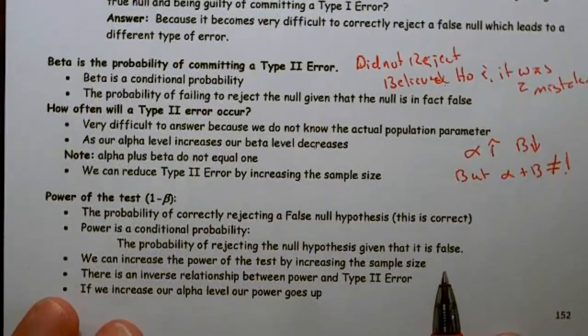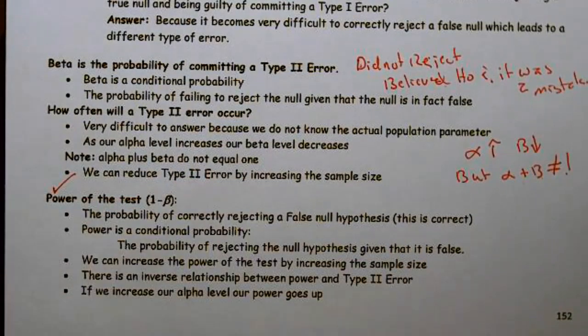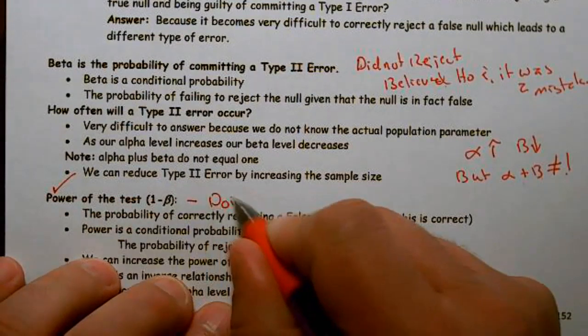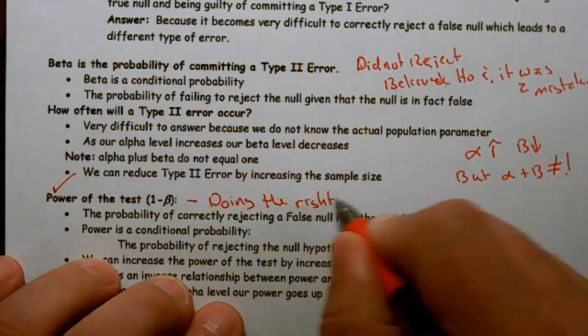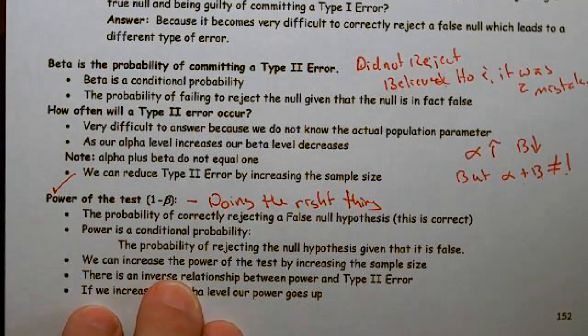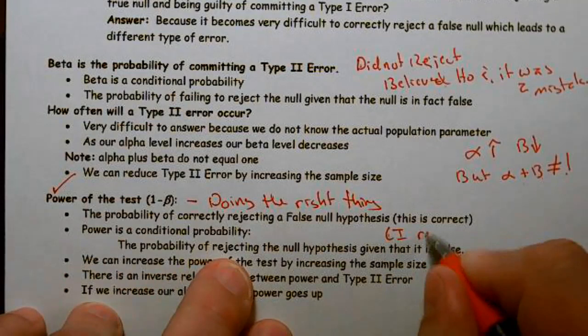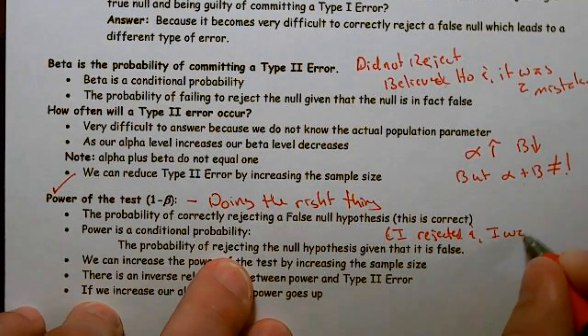However, there's another thing, and we'll talk more about this in our last video. Power of the test. The probability of correctly rejecting a false null. Hey, this is doing the right thing. I rejected and I was supposed to reject.